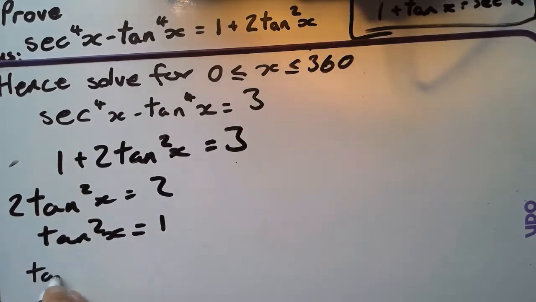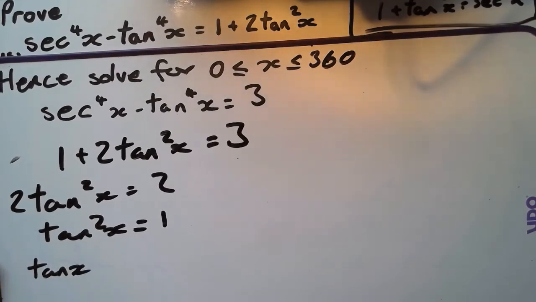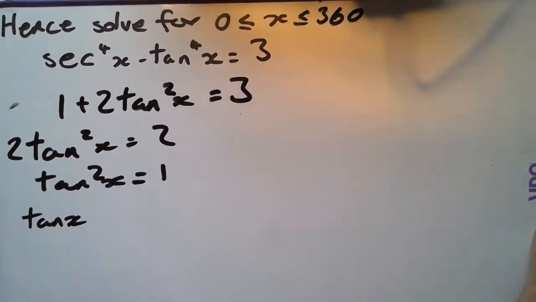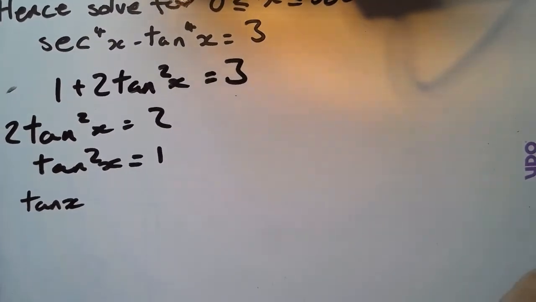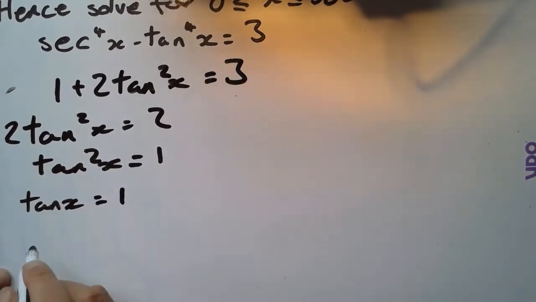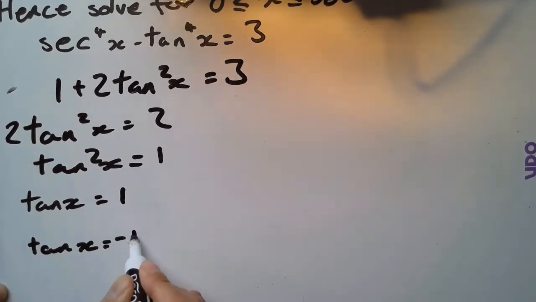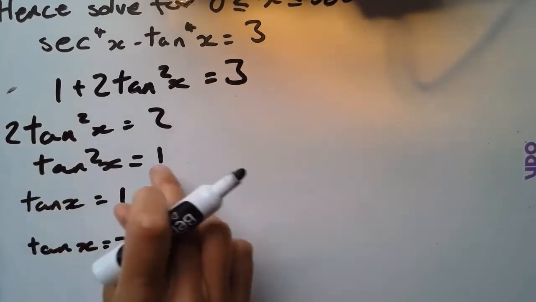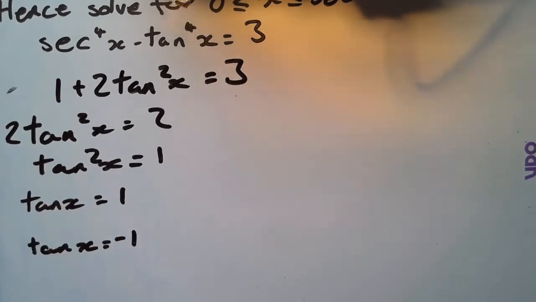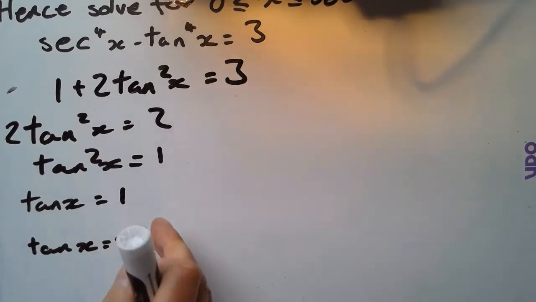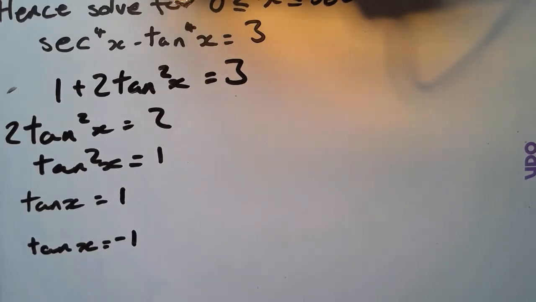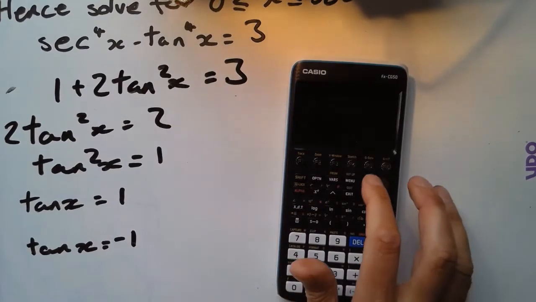A very common mistake at this point would be losing one of the solutions by forgetting that tan of x can also be minus 1. So if tan squared of x is 1, then tan of x is plus or minus 1. Once we're at that point, we go into calculator mode to make life a little simpler.